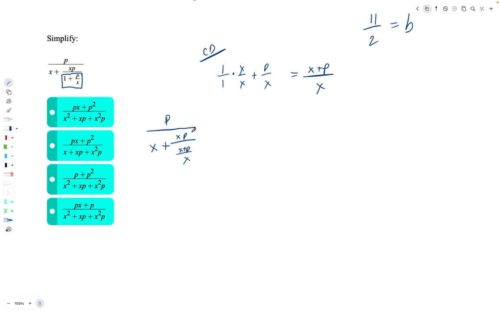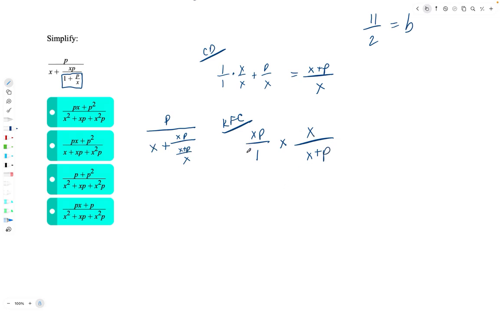So now we have a number divided by a fraction. That's going to be keep it, flip it, change it. So xp over 1, and instead of dividing, we're going to multiply and flip this expression. So that's going to be x over x plus p.